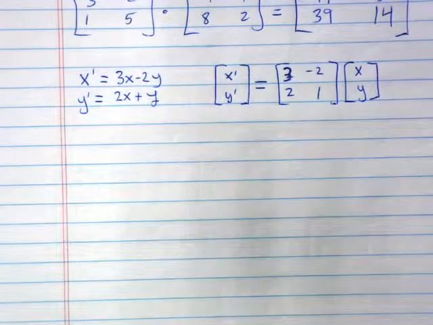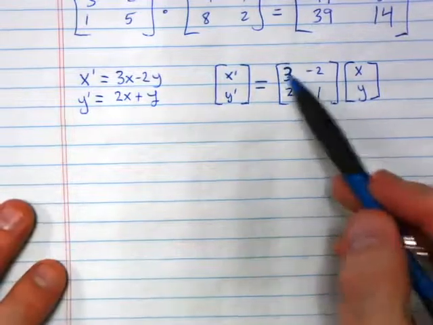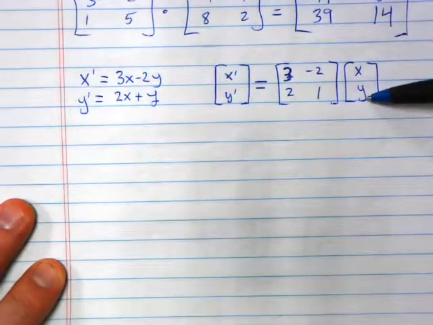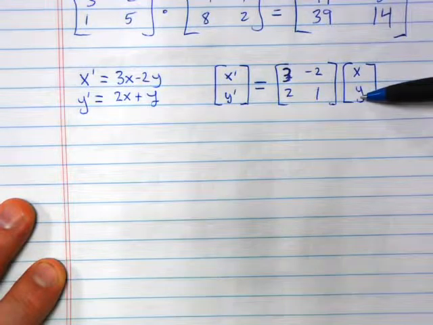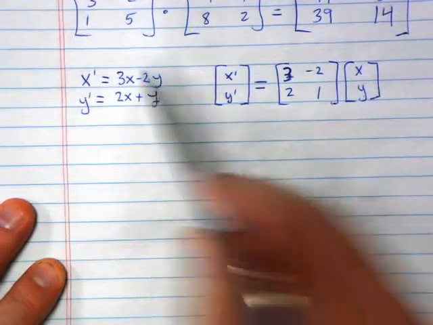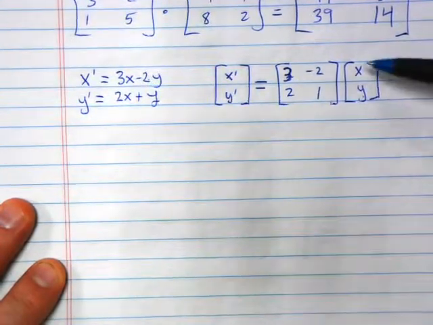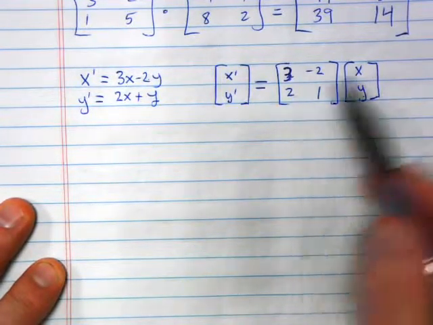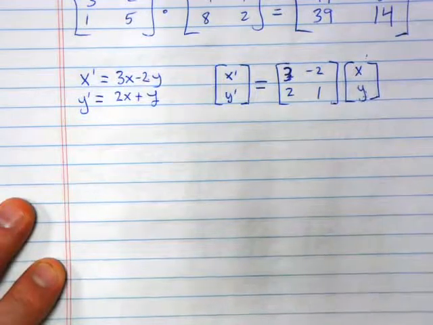So now this multiplication makes sense. If I go across and down, what do I get? 3x minus 2y. And then this one I go across and down, I get 2x plus y.